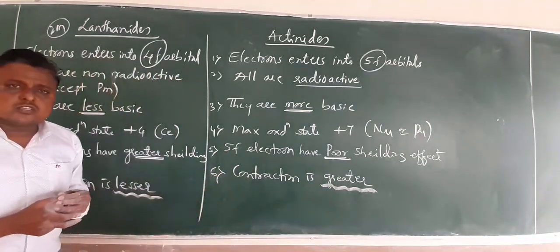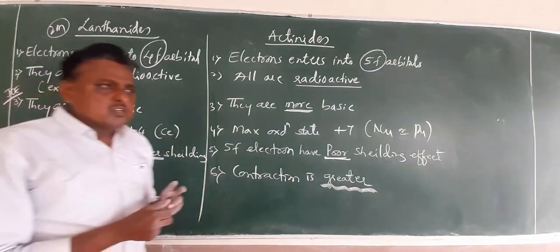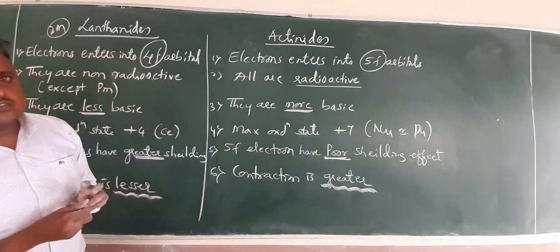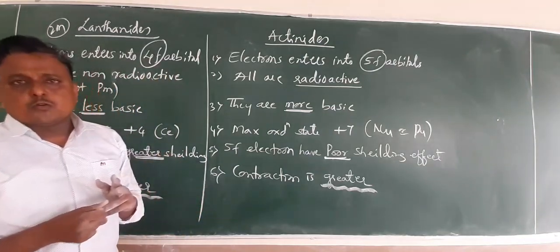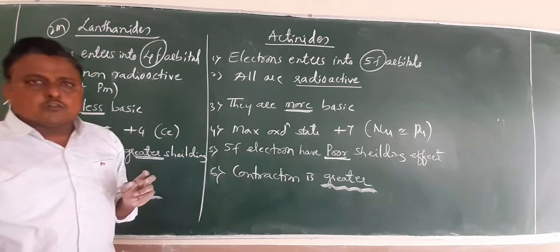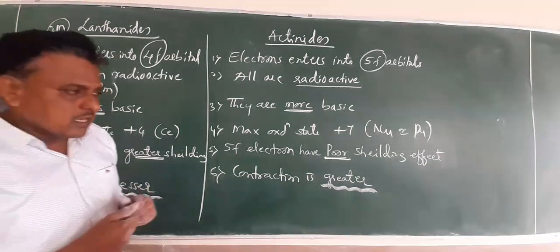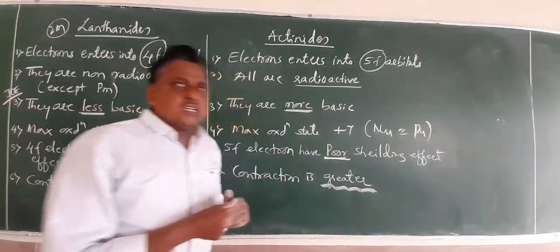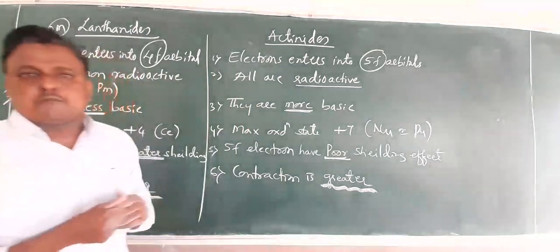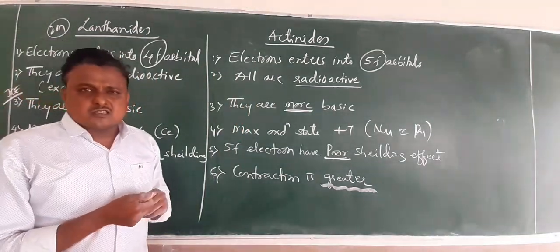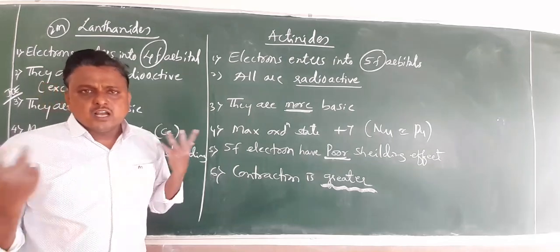Sometimes two extra questions are asked: why is cerium +4 oxidation state, because it attains the noble gas electronic configuration of xenon, 4f0; and why atomic radii of zirconium and hafnium are the same. The answer is the lanthanoid contraction.